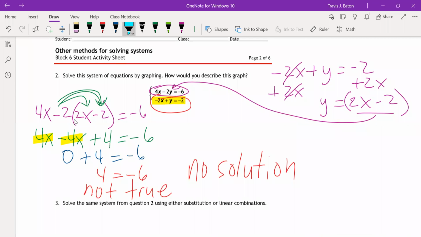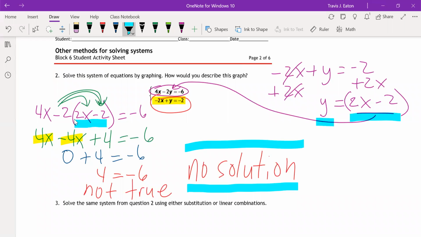Now, the next question down the page, when we solved this one using our keen algebra skills, we used substitution where we calculated what y is in terms of x, and then substituted that into the other equation. And we found that there was no solution because when we got to here, 4 equals -6, and that is not true.